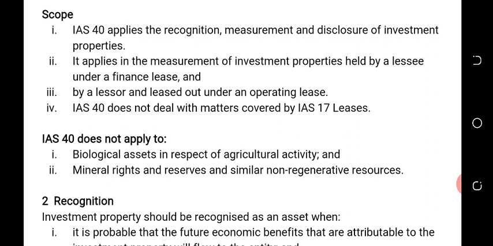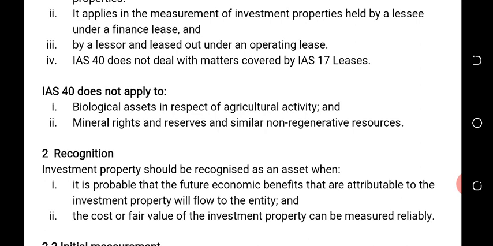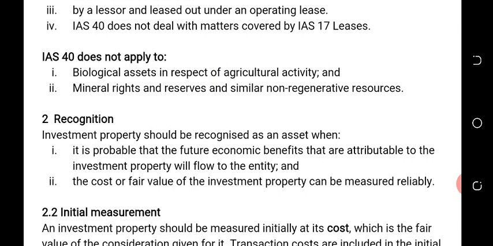It applies in the measurement of investment property held by a lessee under a finance lease, and by a lessor and leased out under an operating lease. So it also treats this kind of lease. Number four, IAS 40 does not deal with matters covered by IAS 17, which is leasing.